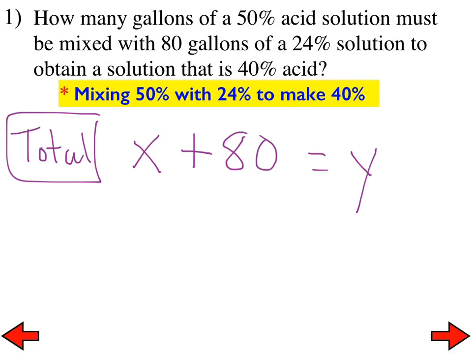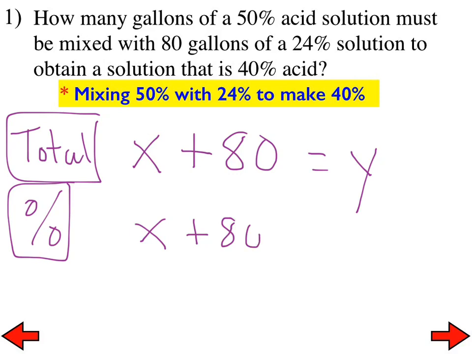Everything yesterday was x plus y equals this. But it's about thinking about what you're mixing together and thinking about whether you know what you have of each part there. Now, for the second equation, our percent equation, remember, every part of this one is part of the first one. The difference is that we need to attach to it the percent values.